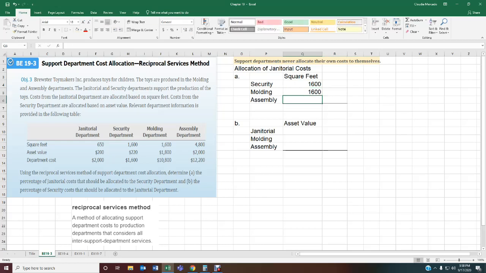And we're going to look at the square feet for the assembly department, that is 4,800 square feet, I'm sorry. So I'm going to add that to see how many square feet in total we have. Remember, we are excluding the janitorial cost because we don't allocate our own cost. So we have 8,000 square feet that we're going to be allocating our cost to.